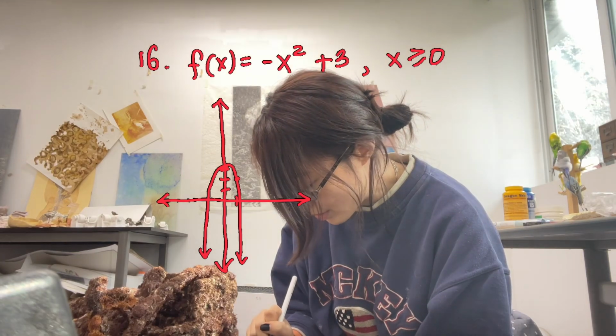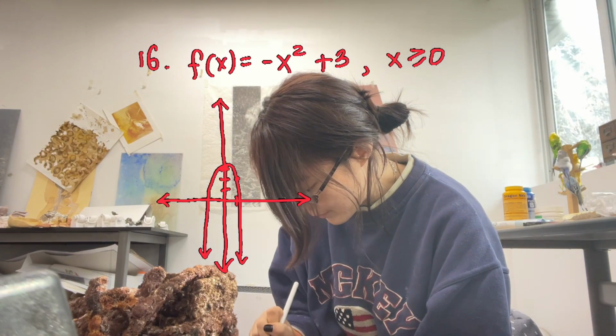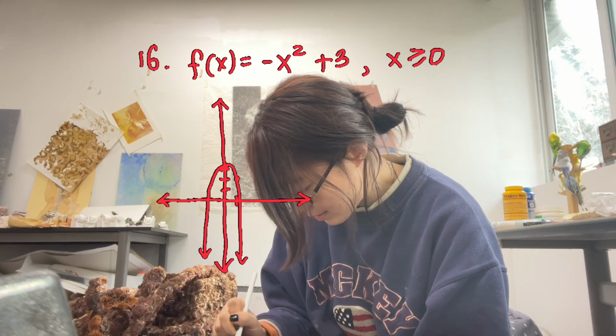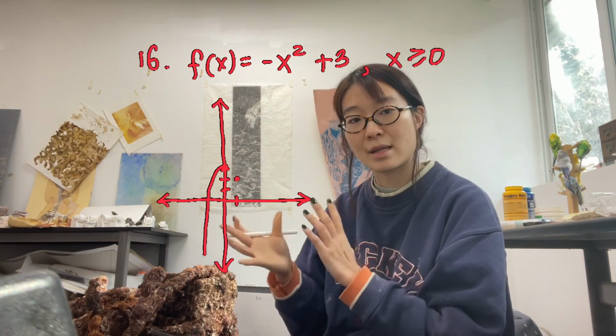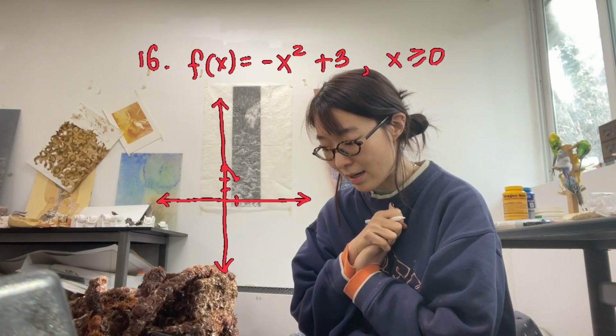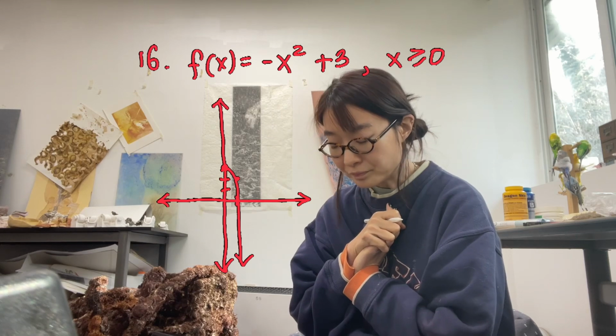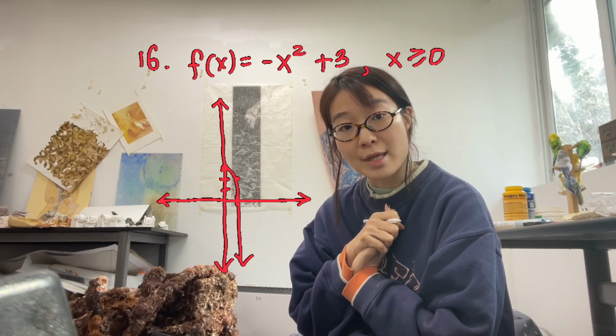So if I were to go ahead and graph that, graph only this part. So now we know for sure that this is a function.